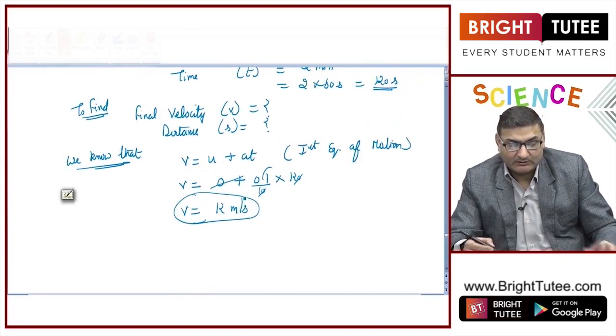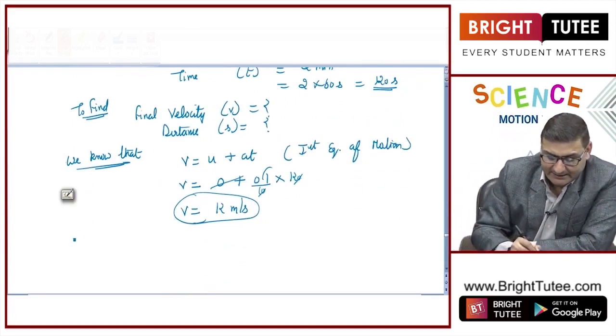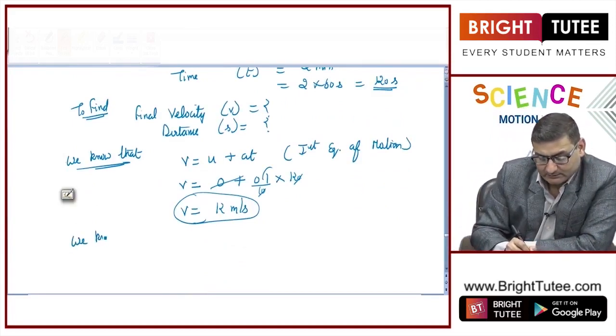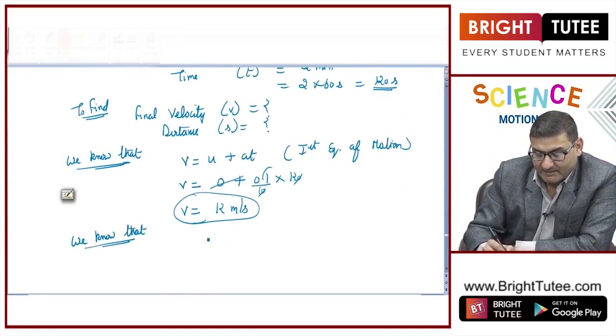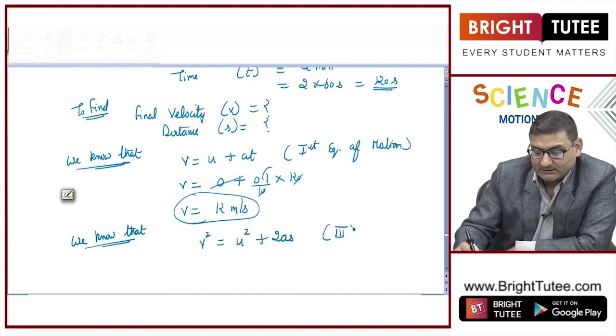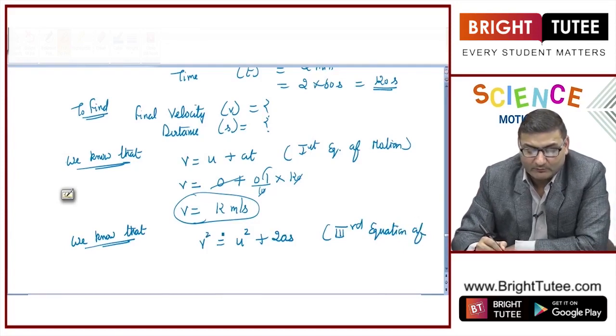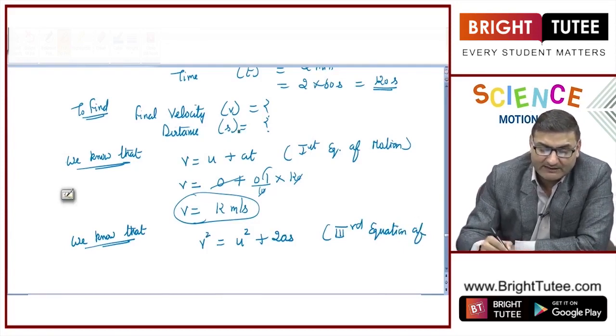Now, when I know the value of v, I can calculate the distance. We know that v square is equal to u square plus 2as. This is the third equation of motion. In this particular question, we actually never required this just for the sake of calculating distance.